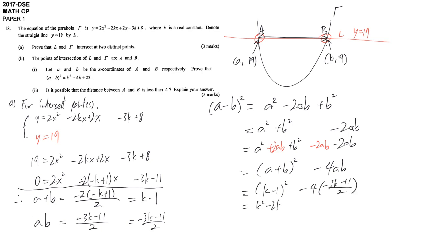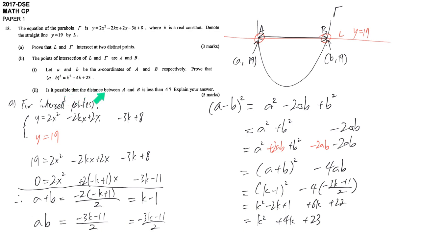k squared minus 2k plus 1, and then everything times negative 2, so positive 6k, positive 22. And the question is so good that they provide us the result so that we can check. It seems that there is no mistake here.